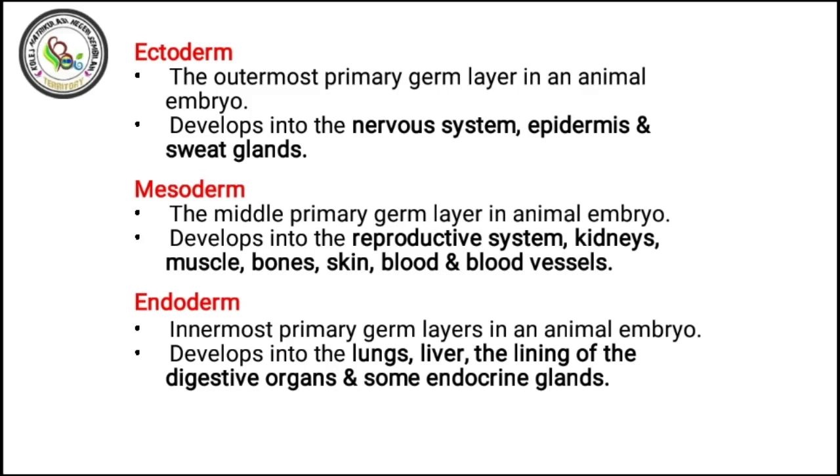Endoderm is the innermost primary germ layer in an animal embryo. It develops into the lungs, liver, the lining of the digestive organs, and some endocrine glands.